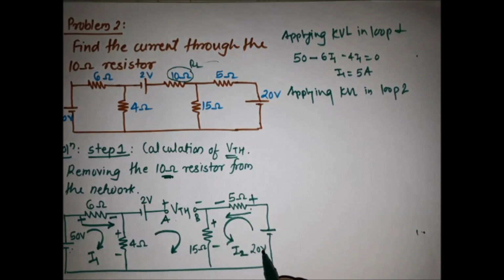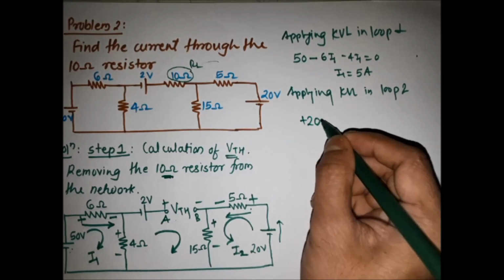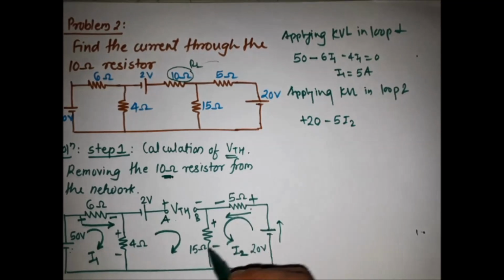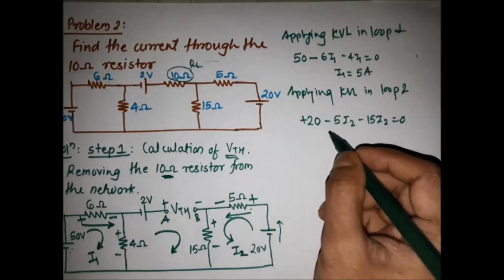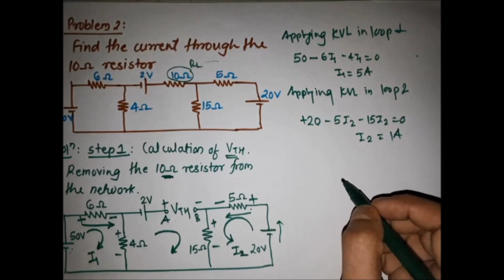We are starting from the 20 volt source, current flowing in that direction, minus to plus, so it is plus 20. For the 5 ohm it is minus 5 into I2. For the 15 ohm minus 15 I2 is equal to 0. By solving this we get I2 is equal to 1 ampere.